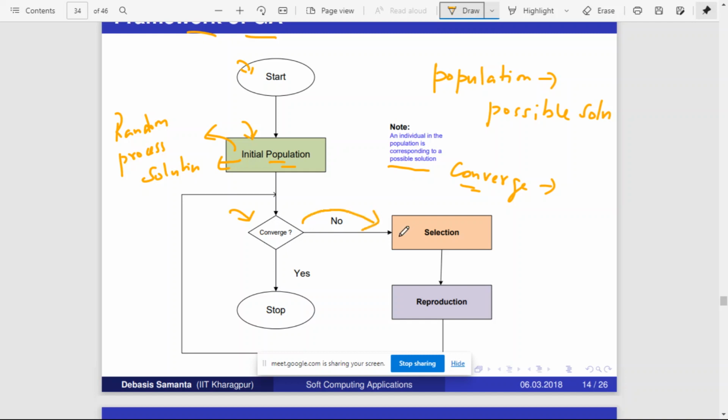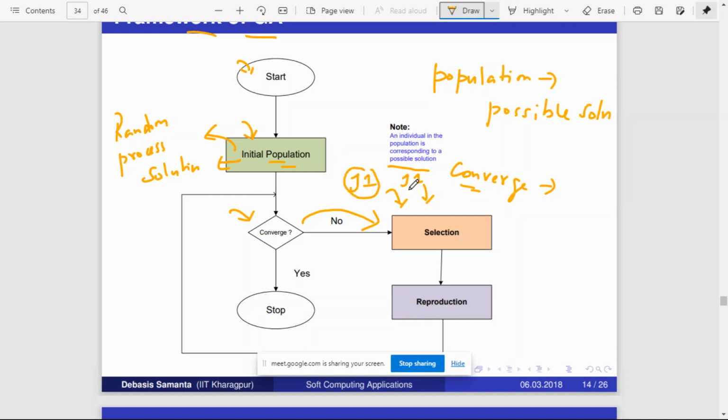It is selection. Selection means from this initial population you select any two individuals, I1 and I2. Here individual means any possible solution.